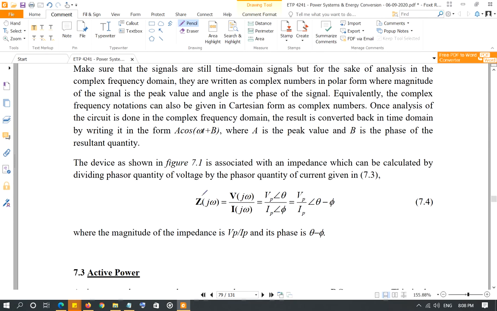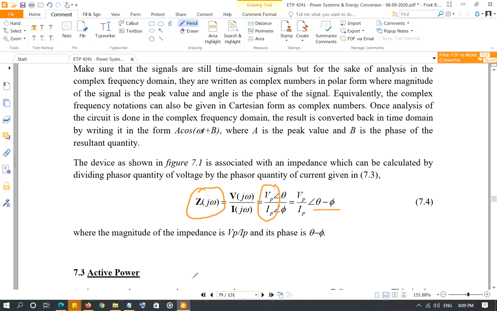The impedance of your circuit is the ratio between voltage and current, so V of j omega over I of j omega. Now V of j omega is Vp angle theta, and I of j omega is Ip angle phi. Whenever you have a fraction of complex numbers given in polar form, the result is going to have the magnitude Vp over Ip, and the phase is the angle of the numerator minus the angle of the denominator, so theta minus phi.